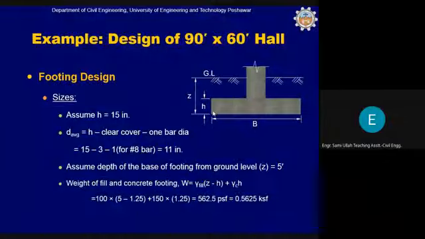Total thickness of the footing is H, clear cover is 3 inch, and let's say we assume in the beginning that number 8 bar will be used. So number 8 bar, if it is used like this, this will be 3 inch cover, and the average means the contact point of these two.